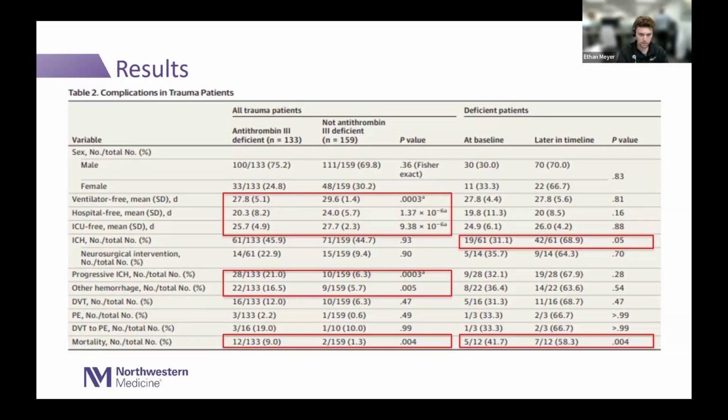And then in terms of mortality, we also see that the antithrombin deficient group had higher mortality, and those who were not deficient at baseline but became deficient over the course of their hospitalization also had an increased mortality compared to those who had that deficiency at baseline.